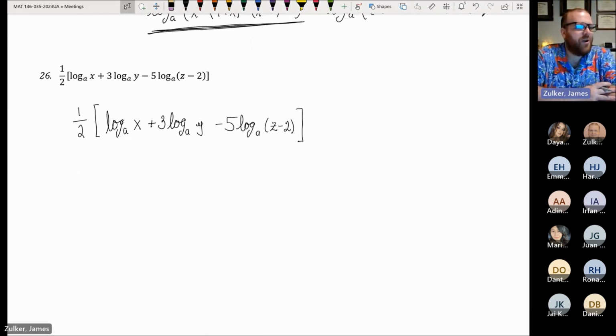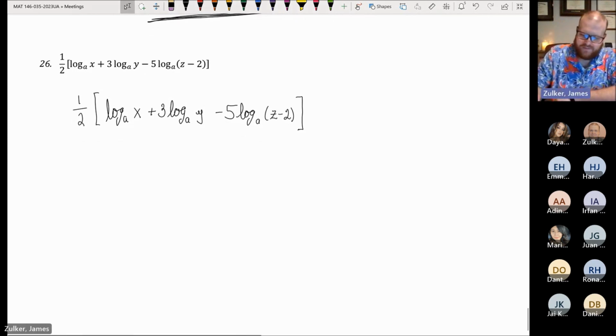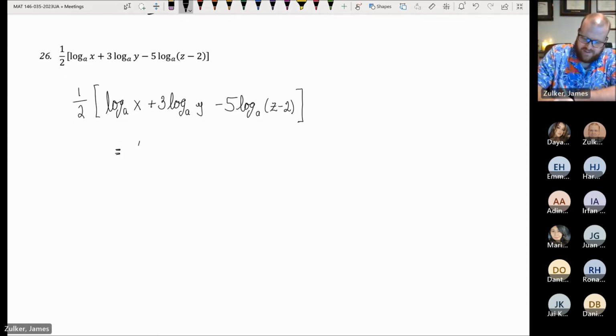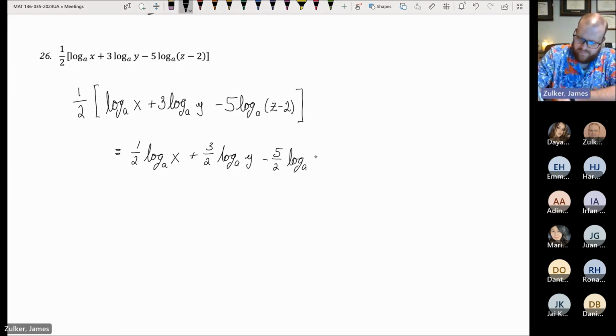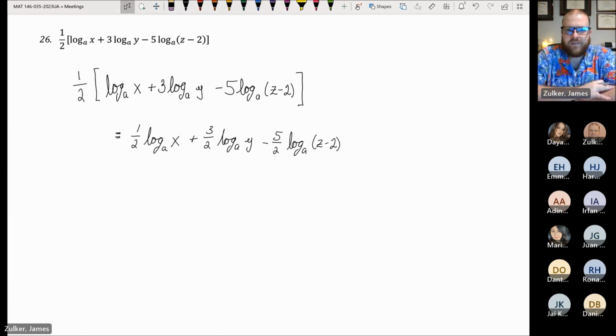All right, the result of that one was to go ahead and distribute the 1/2 through. Now we notice, of course, each term has a scalar multiple.